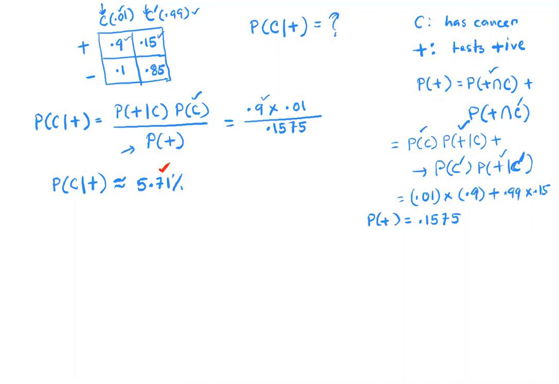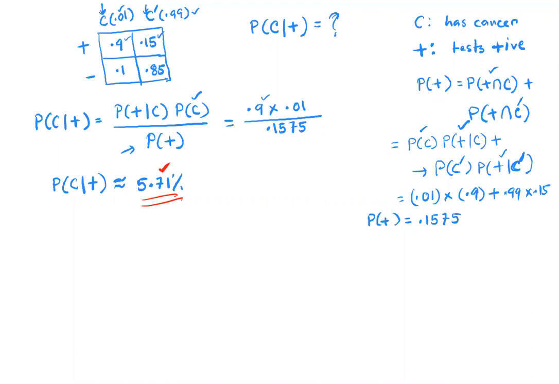Be careful in understanding this. If you randomly select a woman from the population and test the woman for breast cancer, there is about a 5.71 or 6% chance that the person would actually have cancer if the person tests positive.